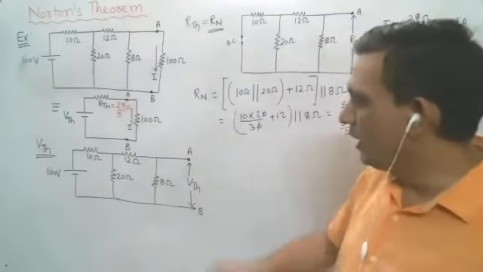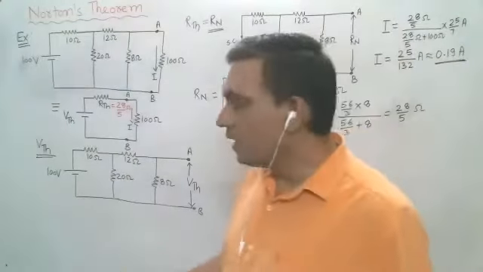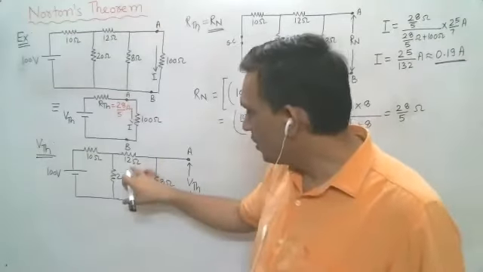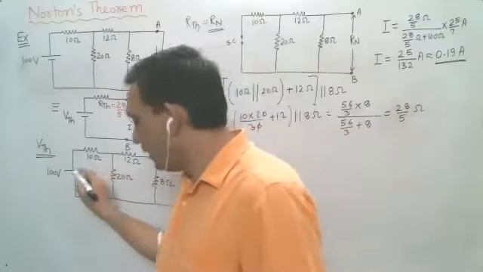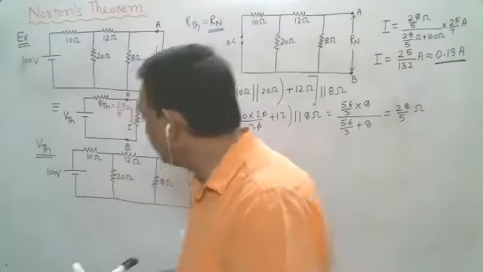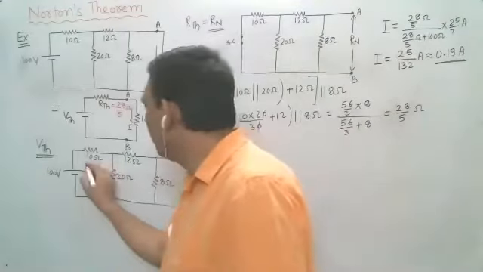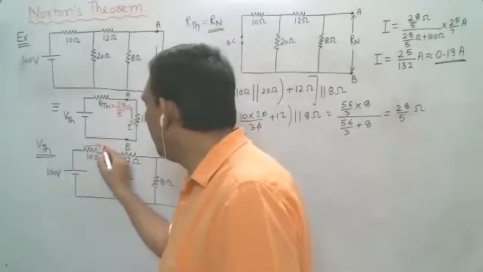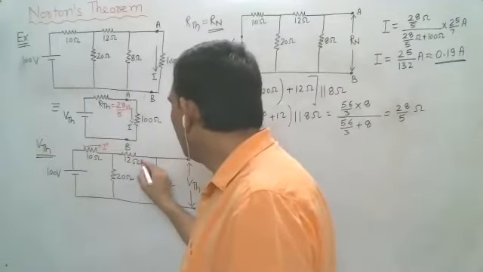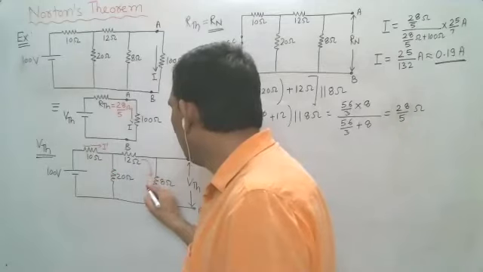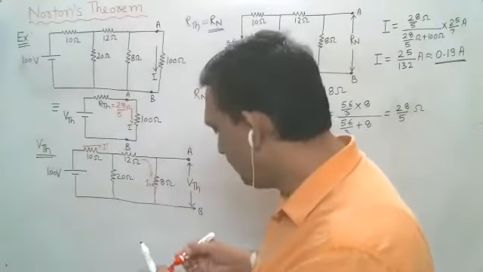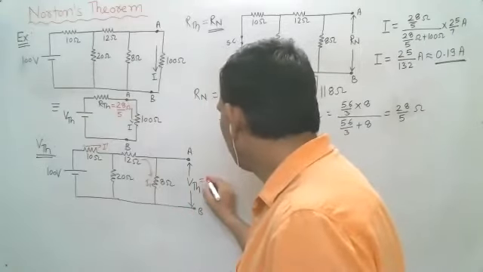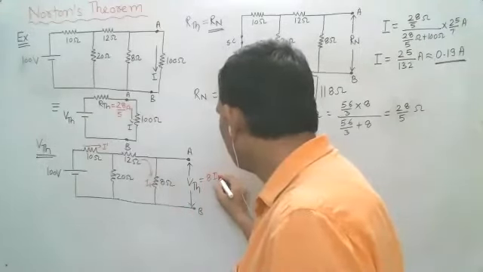You will get Vth. So again in this circuit, you must know what is the current through 8 ohm. So let us first find this current. Assume this current is I dash and then assume this current as I1. And then Vth will be 8I1.